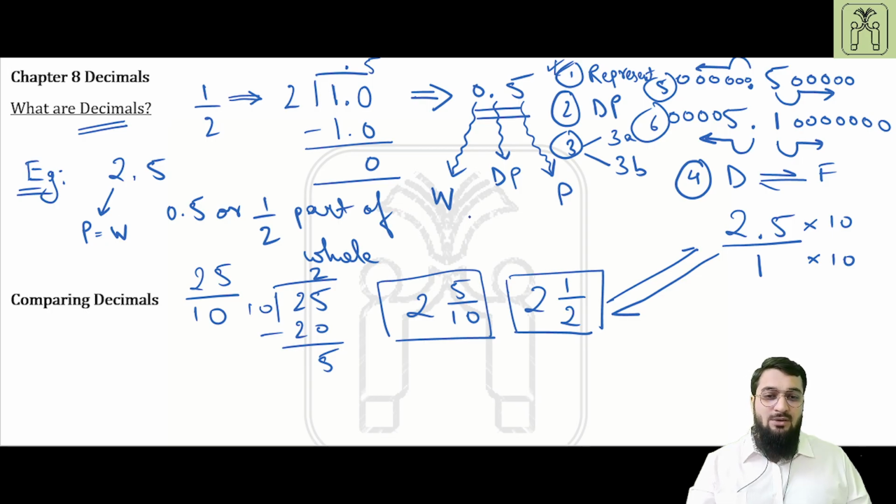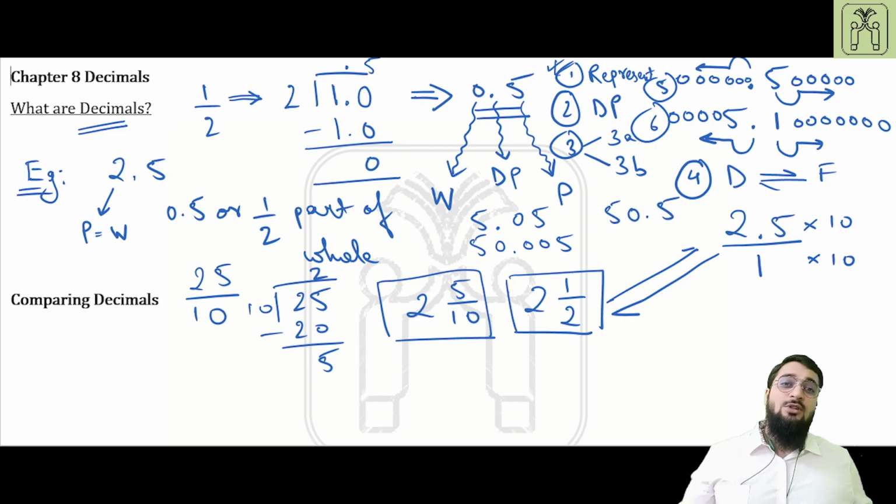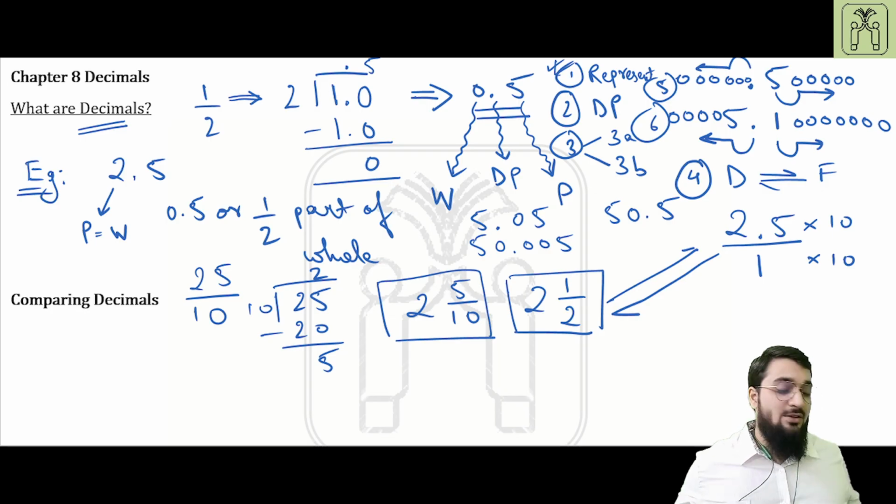For example, if I write 5.05, and if I write 50.005, or if I write 50.5, all the three numbers are actually different. None of the three are equal to each other.